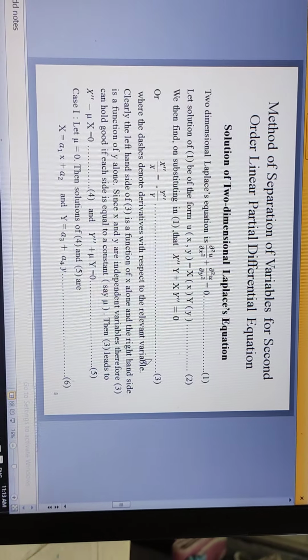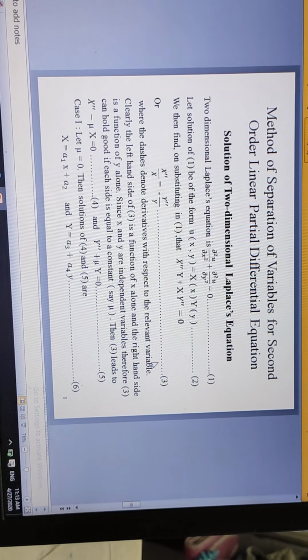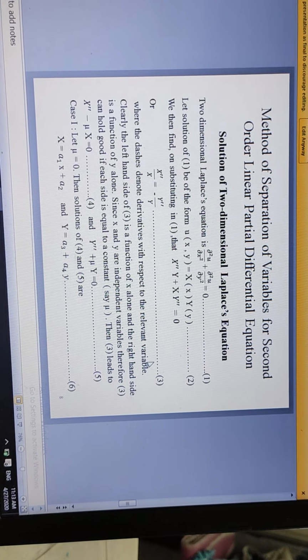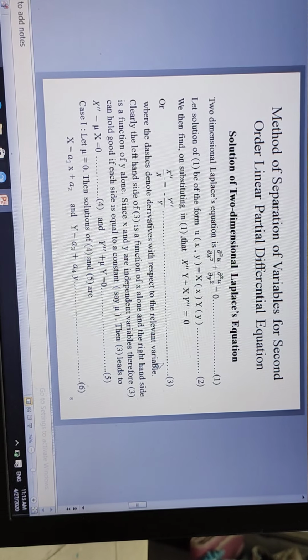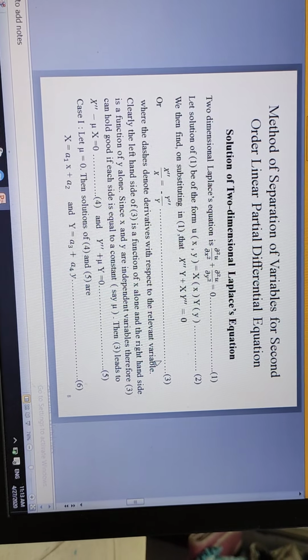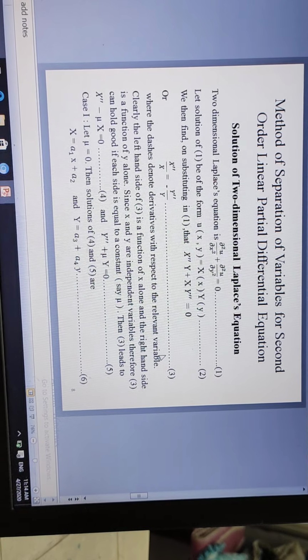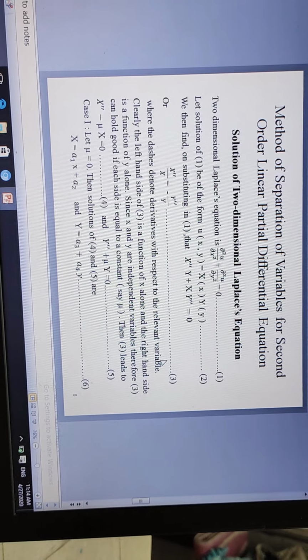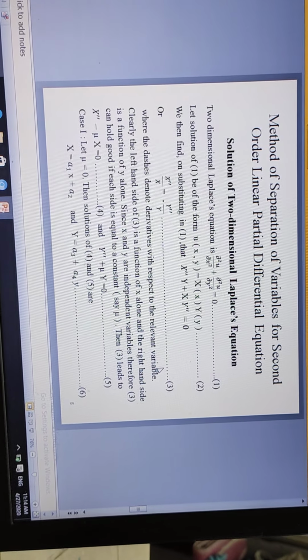Now we move forward to find the solution of the two-dimensional Laplace equation. The two-dimensional Laplace equation is ∂²u/∂x² + ∂²u/∂y² = 0. It is a standard Laplace equation in two dimensions, equation (1), where u is the dependent variable, x and y are the independent variables.